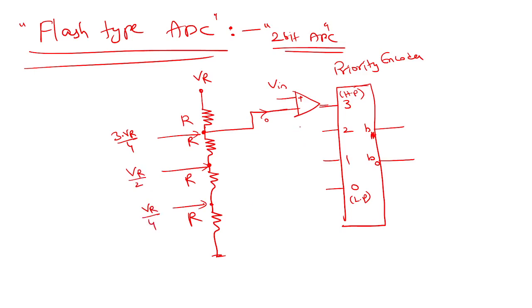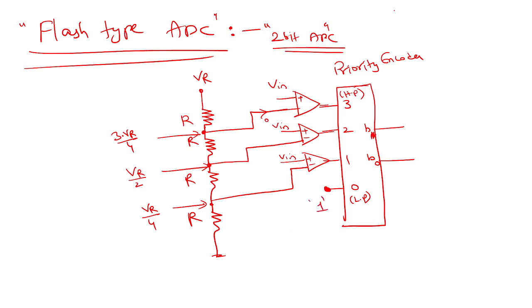Now you take one more comparator, plus minus, give Vin to one terminal and compare with another terminal, right? You already have reference voltages to compare. Now, if all these are zero, then definitely whatever is the leftover will be greater than zero.